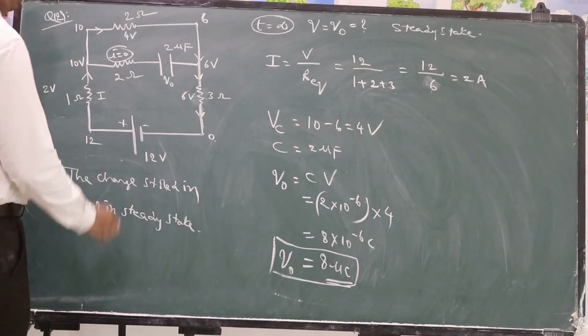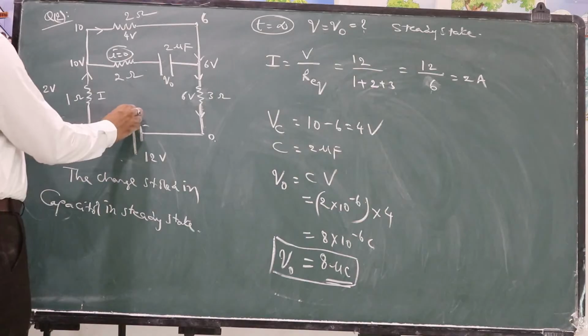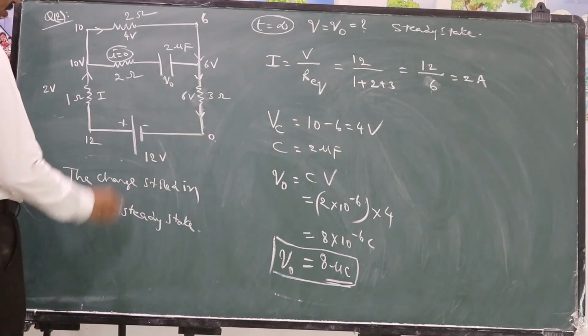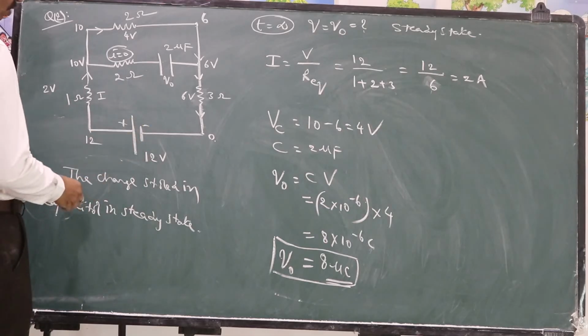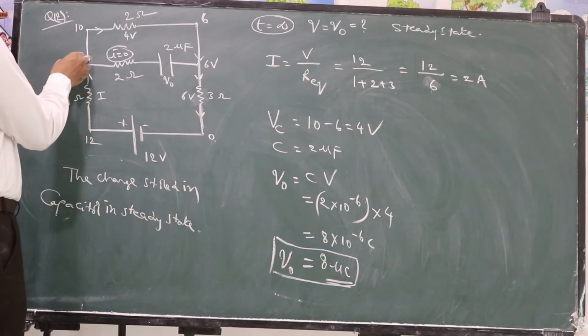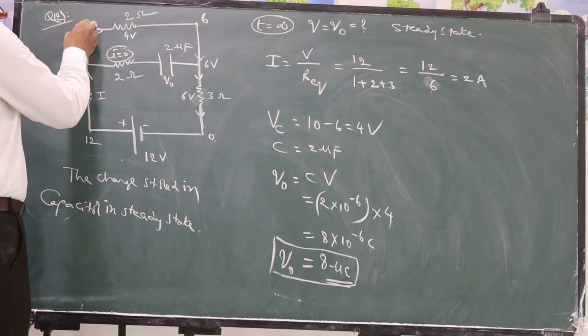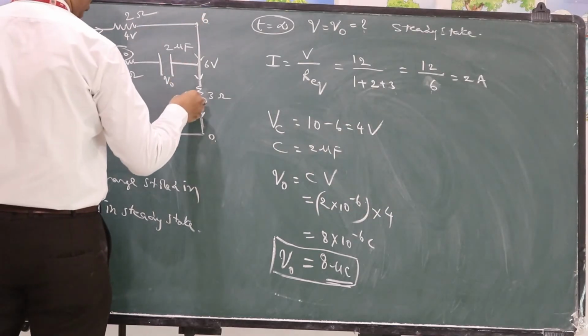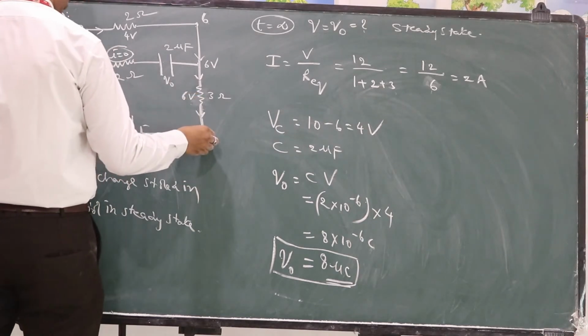If you take this positive plate having 12 volts and the negative plate having 0 volts, the potential difference is 12 volts. Among this 12 volts, 2 volts is dropped over here, only 10 volts is left over. Here 4 volts is dropped, 6 volts is left over. Those 6 volts will be dropped here, so you are left with 0 volts.